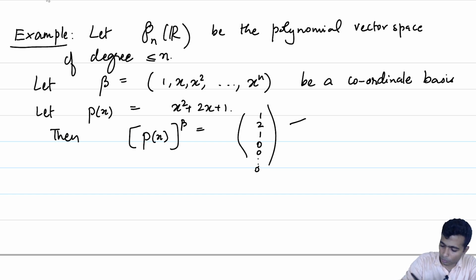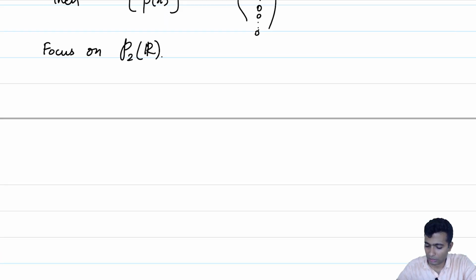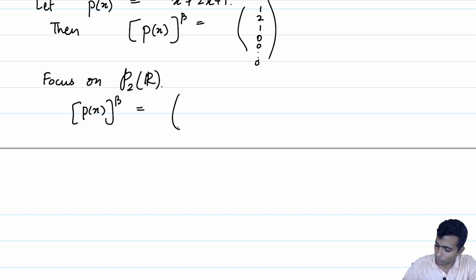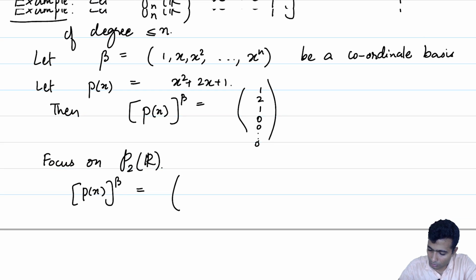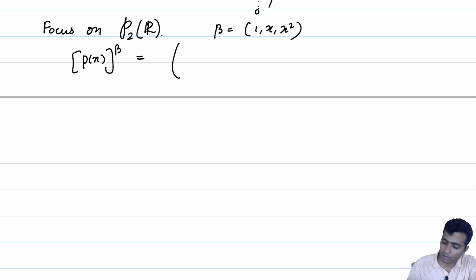Let us just make it a bit more simple. Let us focus on n equal to say 2, on P2 of R. Then the coordinate vector of P of x with respect to beta, if it is 1, x, x square, for x square plus 2x plus 1 will be 1 2 1.